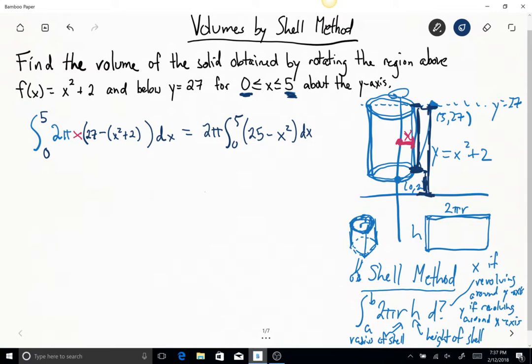Oh, I'm sorry, I forgot to distribute the x there. 25x minus x cubed. Got a little bit ahead of myself there. So 25x minus x cubed, and then our dx.